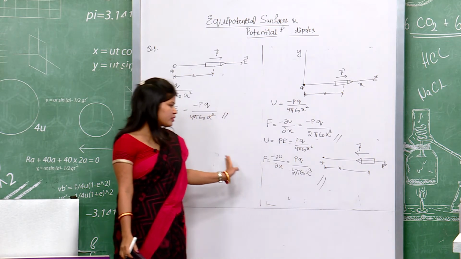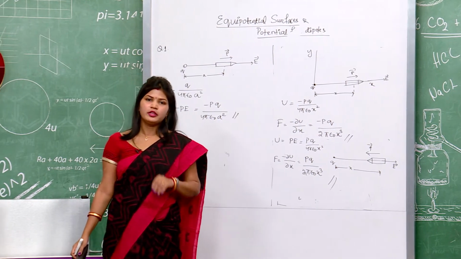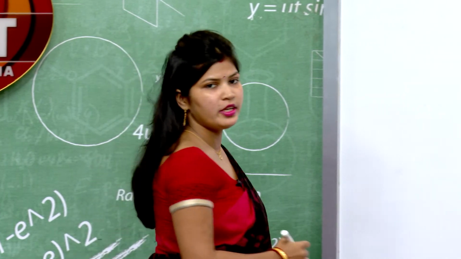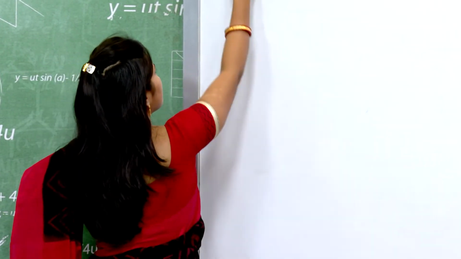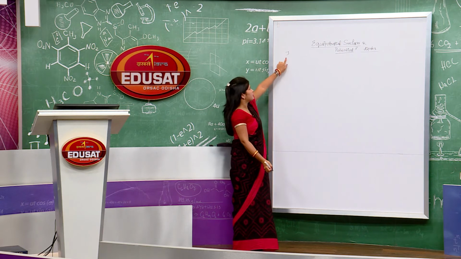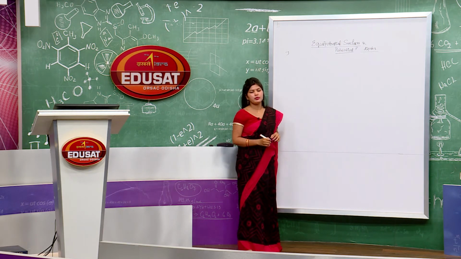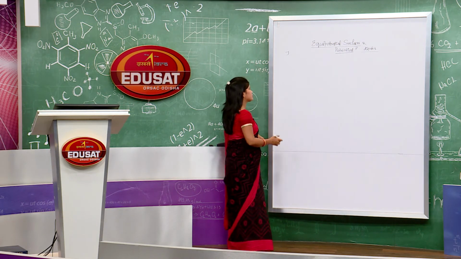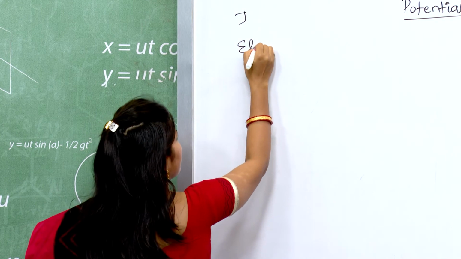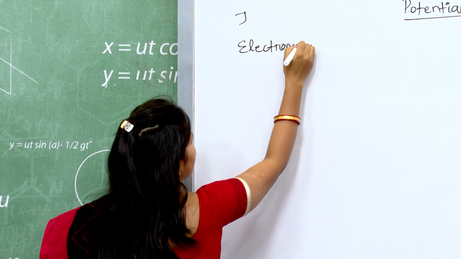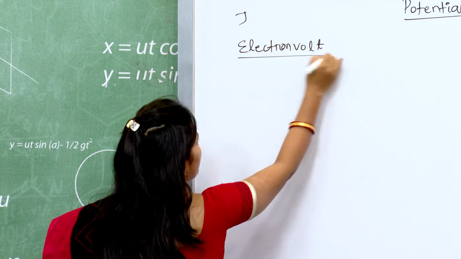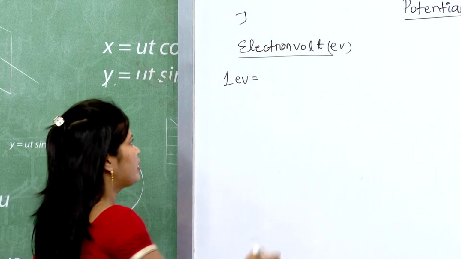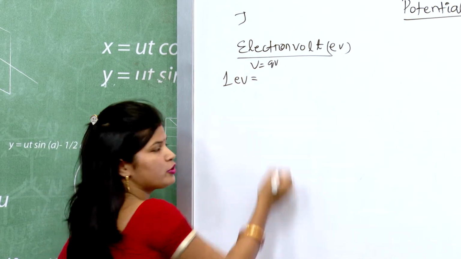Next, we will discuss potential for dipoles. Now, let us discuss the unit of potential energy. We know the unit of potential energy is joule, but this unit is large when you are dealing with electrons, atoms or molecules, so for this purpose another unit, electron volt (eV), is used. 1 electron volt: you know the energy is Q into V, charge into potential.